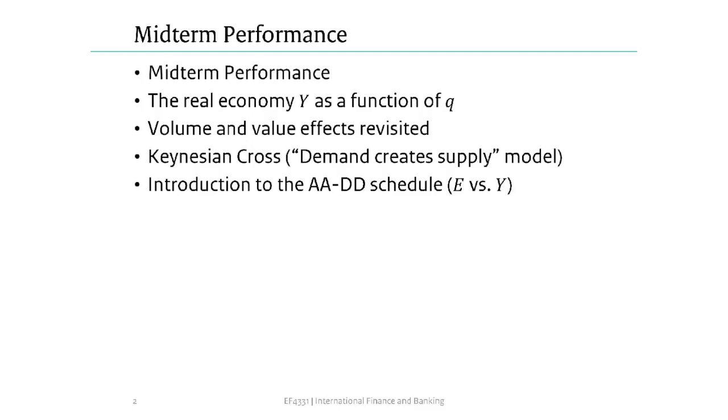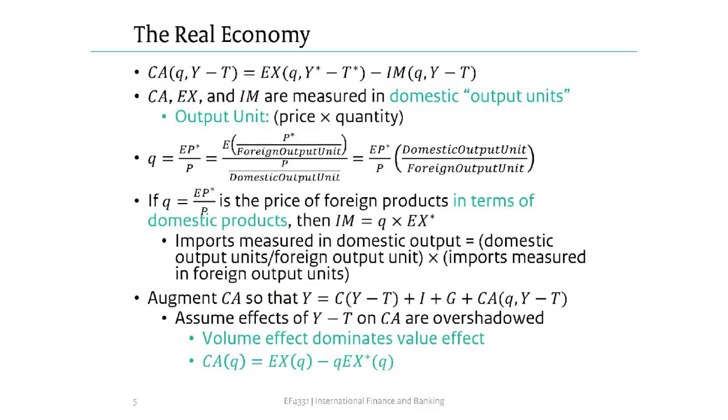So before I get to the main slides, I will now talk about how to interpret the current account into the so-called value effect and volume effect. I kind of didn't want to go too much into detail in the previous weeks because I didn't want to burden you with potentially non-intuitive explanations of how to read the CA function.